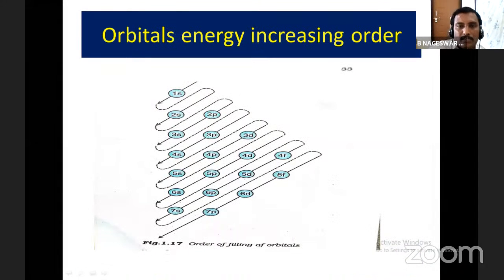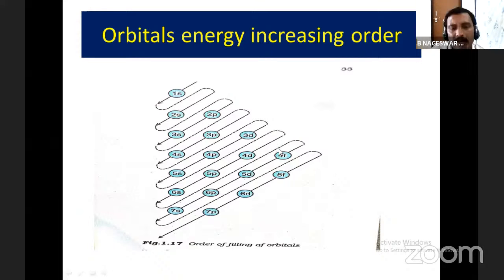The energy filling order we can also understand by the Aufbau diagram. See children, here first we have to fill electrons in 1s, after that 2s, after that 2p, after that 3s, after that 3p, 4s, 3d, 4p, 5s, 4d, 5p, 6s, after that 4f, 5d, 6p, 7s.